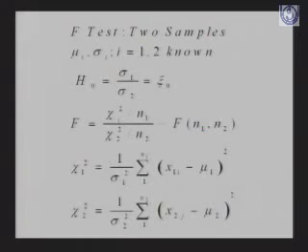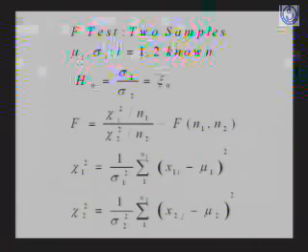Let me see. Suppose I have two samples and both mu i and sigma i are known to me. And let me now proceed to test the hypothesis that the ratio of the two standard deviations, sigma 1 by sigma 2 in the population, is equal to some notional value, some constant psi naught. Now F is defined as the ratio of two chi-square variables.